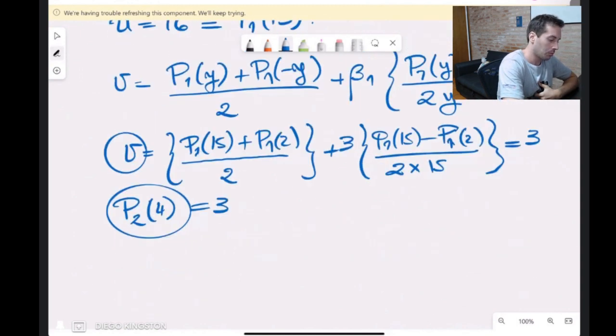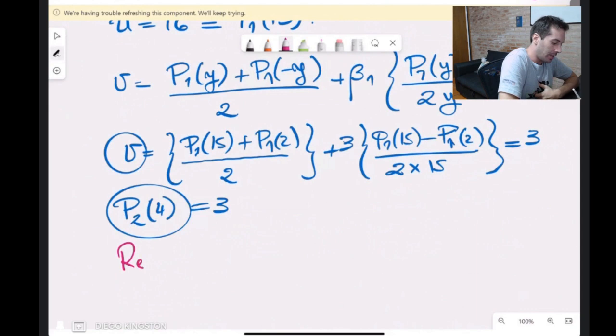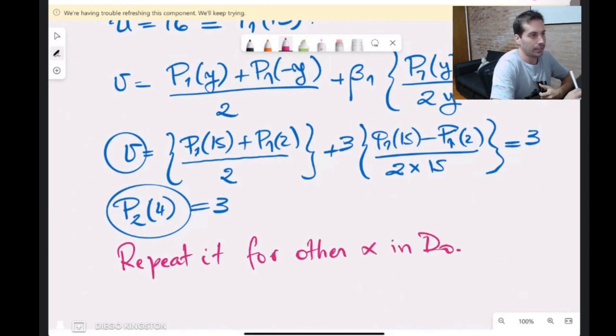Of course, this could be some lucky choice for the prover, so we can repeat it for other x in D0. And if these checks pass again and again, then we can be sure that the prover is doing things correctly.